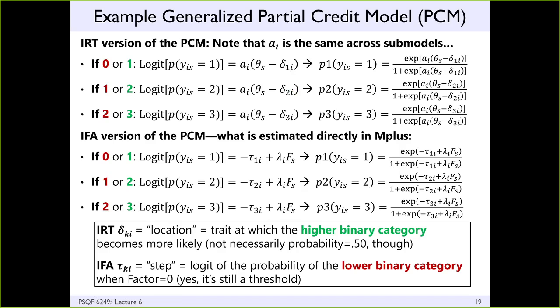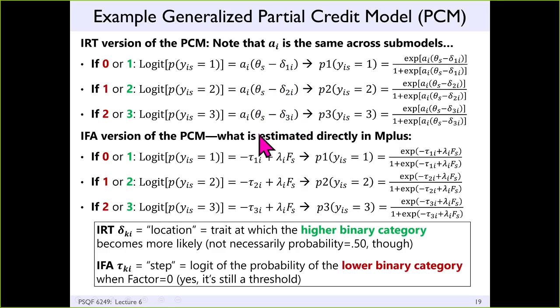It is a measure of location. What delta tells you is the trait level at which the next answer becomes more likely. Not necessarily 50% though, just more likely. So where the category response curves cross, that's what delta tells you. And each submodel has a different delta. They all share the same A.